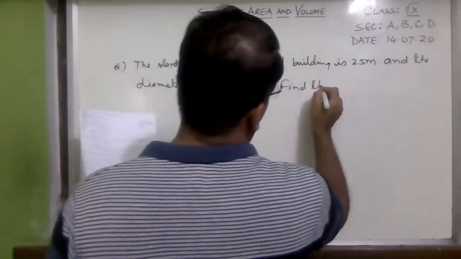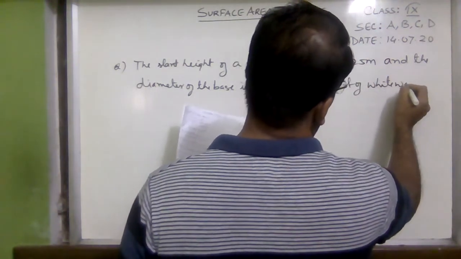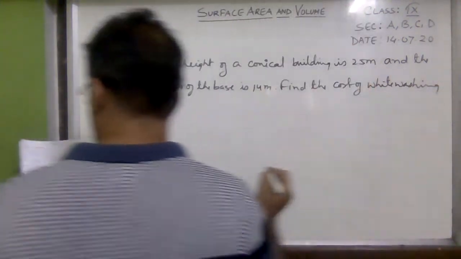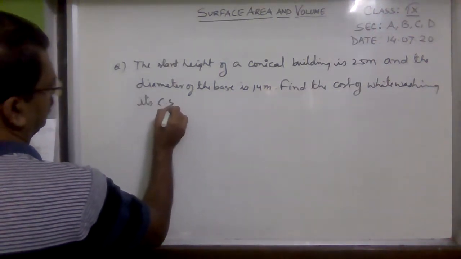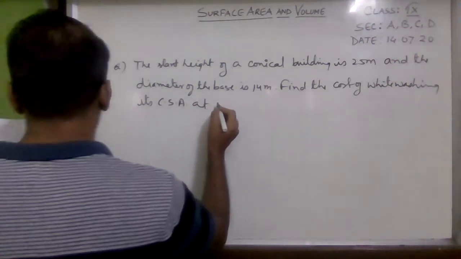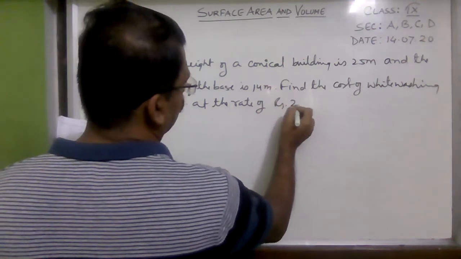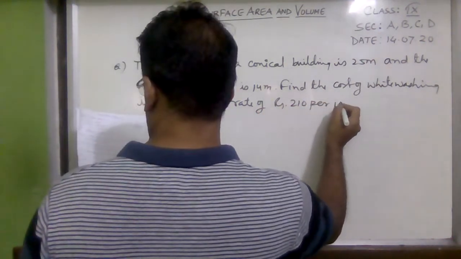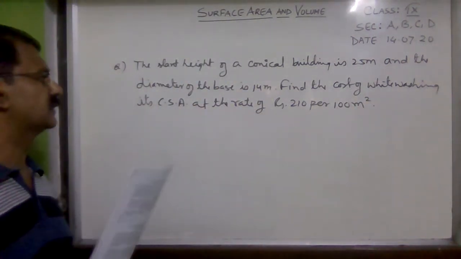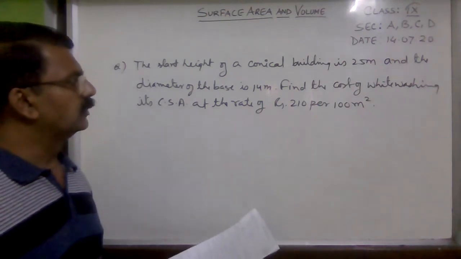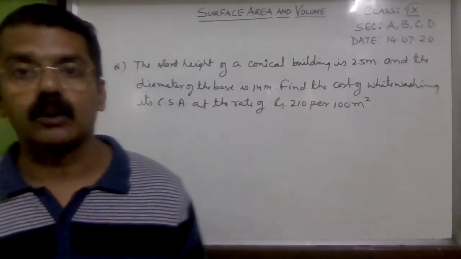Find the cost of white washing its curved surface area at the rate of rupees 210 per 100 meters square.